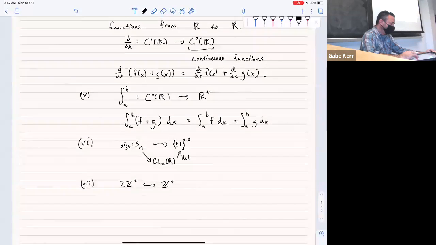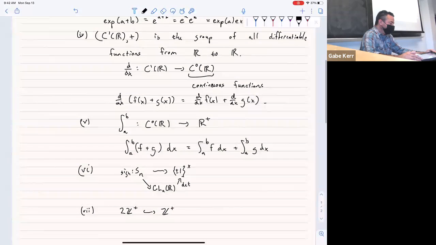Differentiation function. Well, that's a good question. This has an inverse, which is by the fundamental theorem of calculus: you can integrate from, say, 0 to x. If you integrate and then differentiate, by the fundamental theorem of calculus you get back the function.